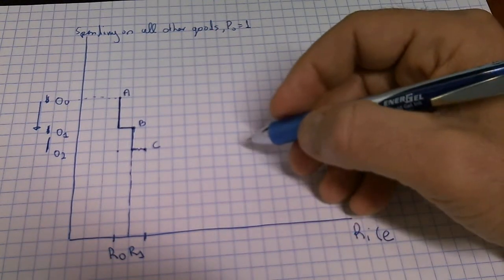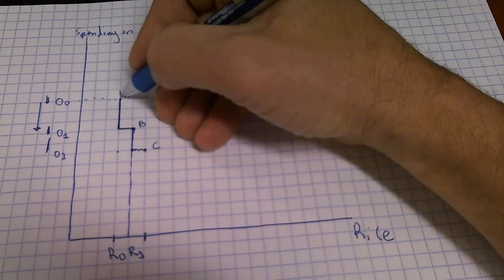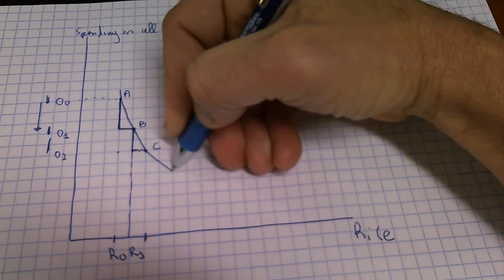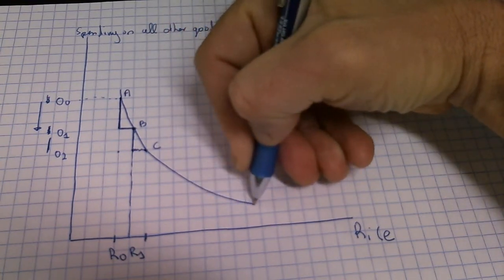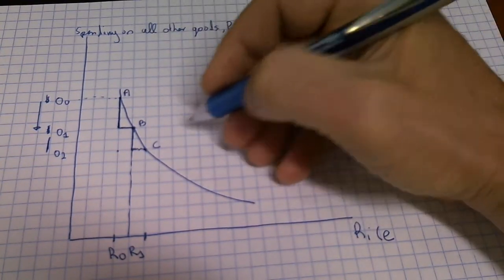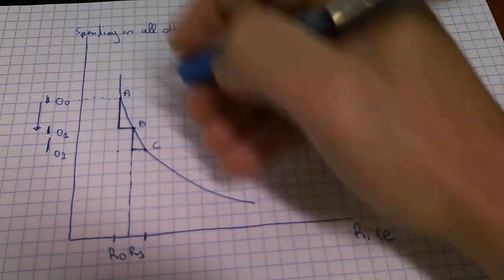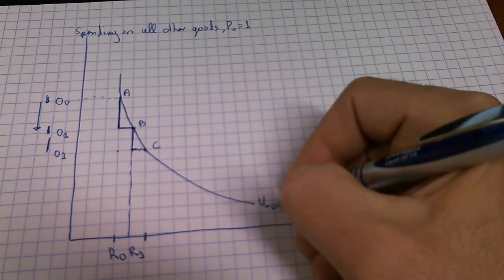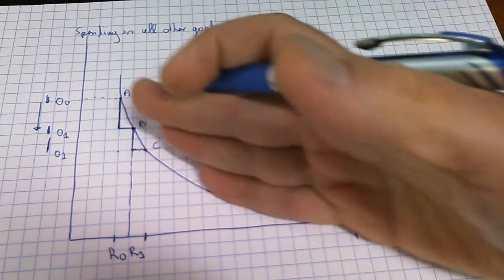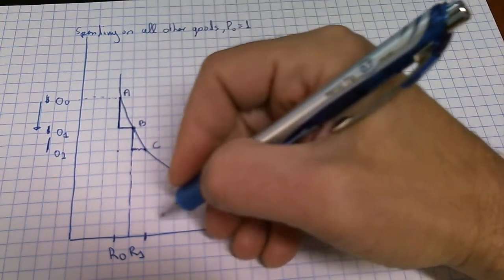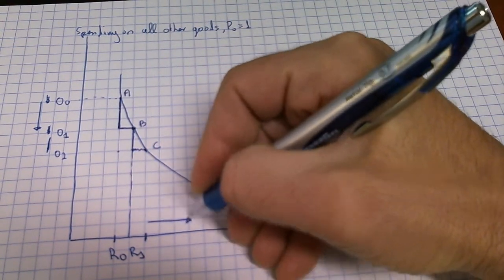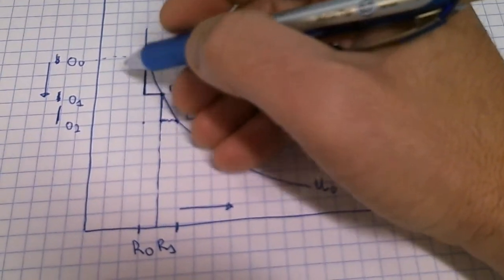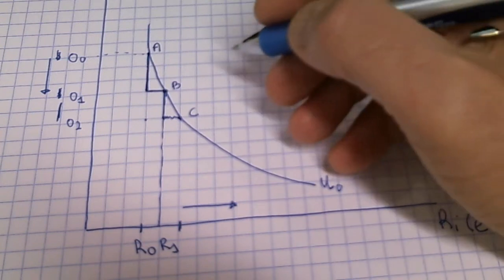And I can repeat this exercise and repeat this exercise, and what I'll find is that there's an indifference map: combinations of the two goods, rice and spending on all other goods, such that the consumer is indifferent between them. Let's call that U0, and it's kind of convex. In other words, the more rice you have, the less you're willing to give up of the other good, which is spending on other goods.